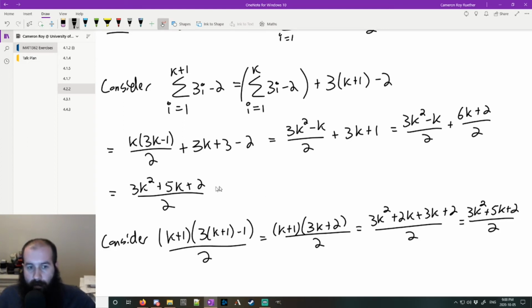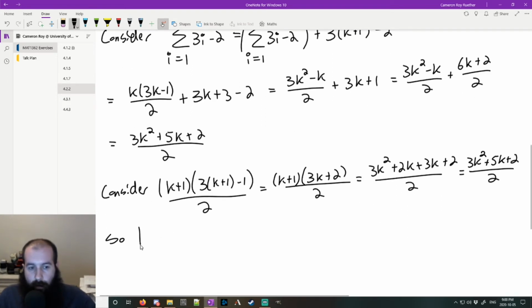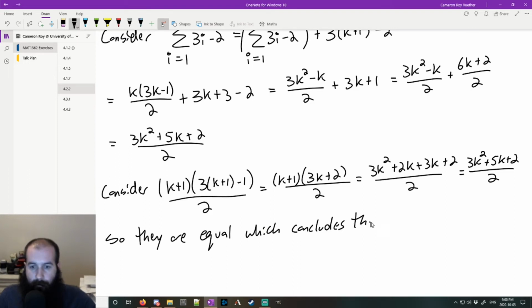So here we see that these are equal. So they are equal, which concludes the inductive step. And since we have a base case and an inductive step, that is the proof by induction.